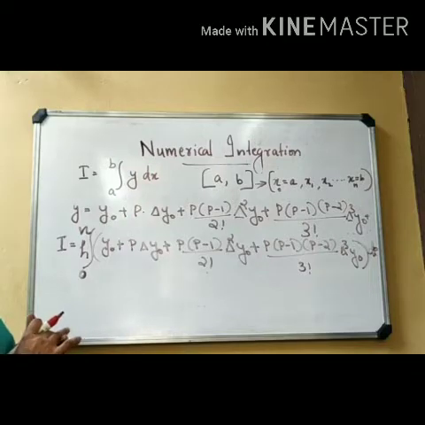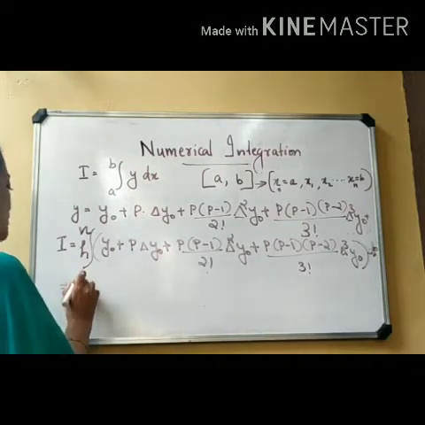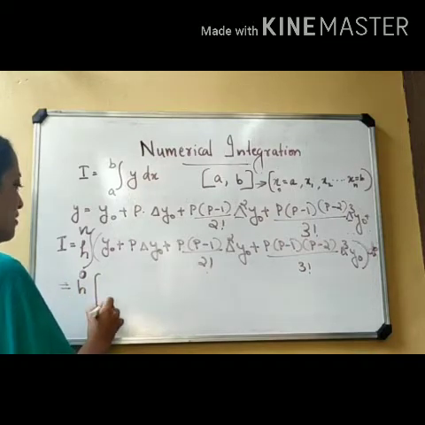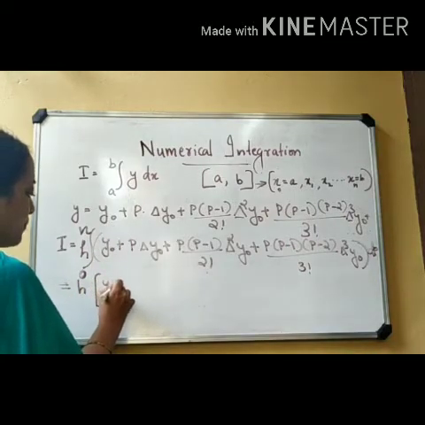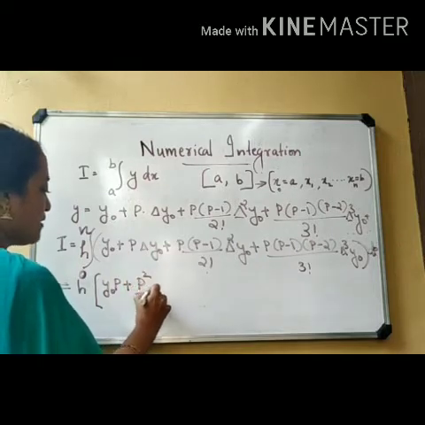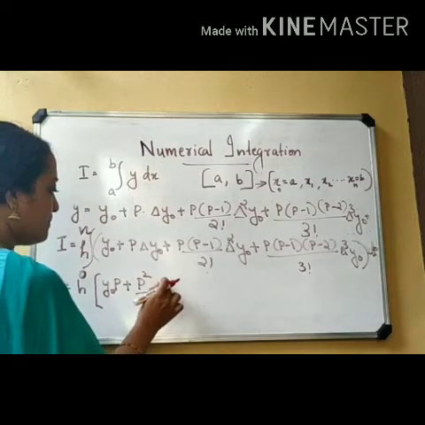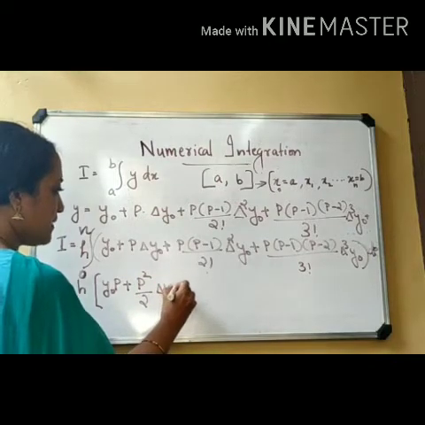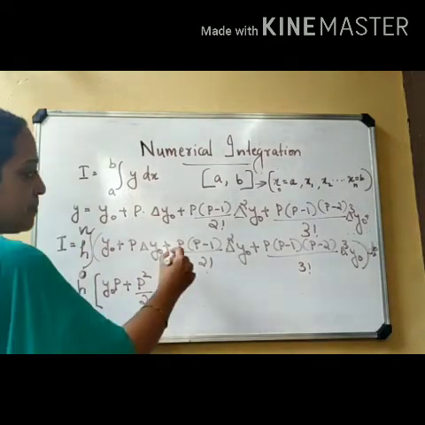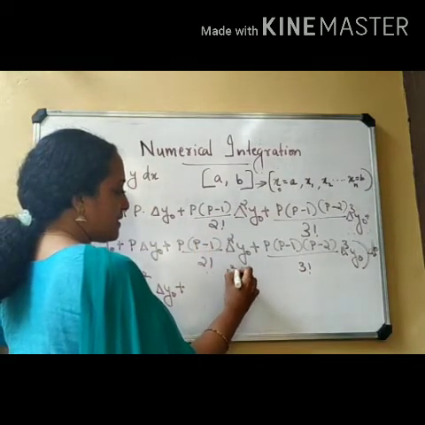Now let us integrate with respect to p, so that this is equal to h into the first term y0 p plus next term p square by 2 into del y0 plus next term, p square minus p.